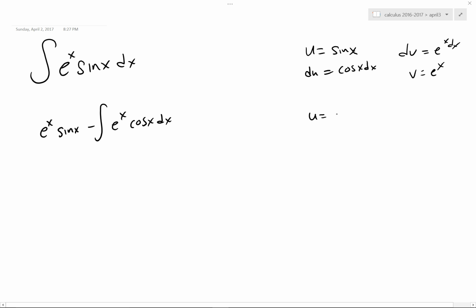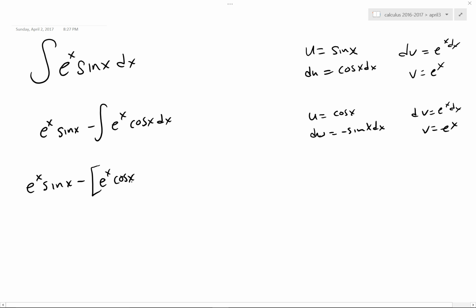So this time, let's let u be cosine, so du would be negative sine. So uv again, and it's this times this.